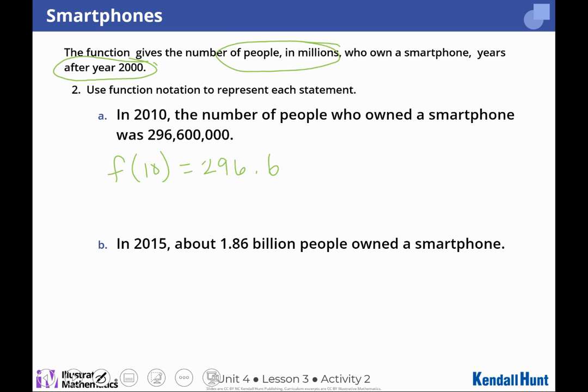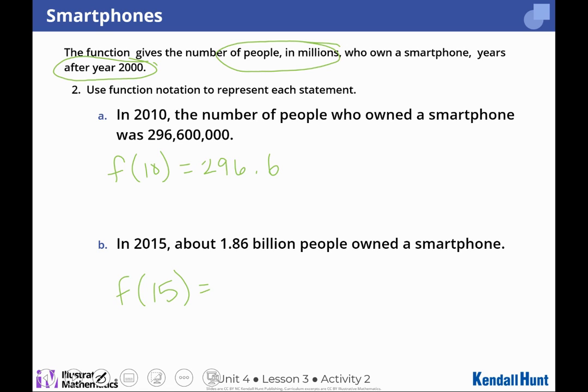And then in 2015, about 1.86 billion people owned a smartphone. So for 2015, that would be F of 15, and it's equal to 1.86 billion.